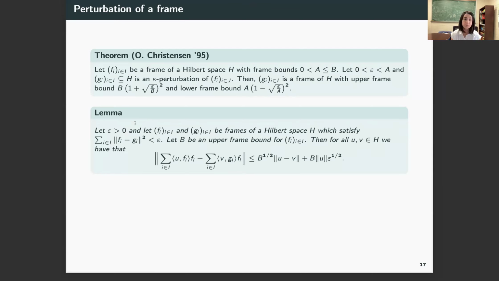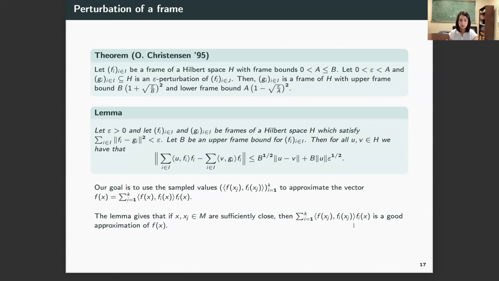And the lemma gives me that if the sampling points xj are close enough to x, then the local approximation is going to be a good approximation for f of x. So with this idea of perturbation, we are guaranteeing that as long as xj is close to x, this local approximation would be a good one to choose for approximating f of x.